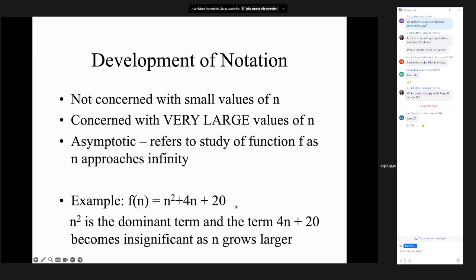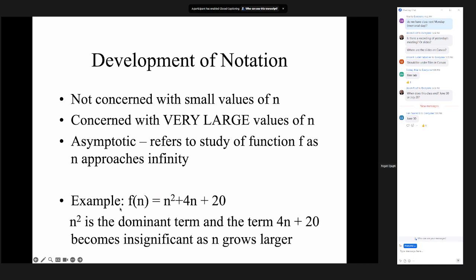Asymptotic refers to the study of a function as the input grows infinitely. It means I don't care if I have only 2, 5, or 6. I care about when I have a huge number of data points. So as I consider the execution time this function takes, n squared is dominant, because if n becomes really big, this 20 doesn't have any value, and 4n doesn't have value either. It's the dominant term, and 4n plus 20 becomes insignificant as n grows larger.